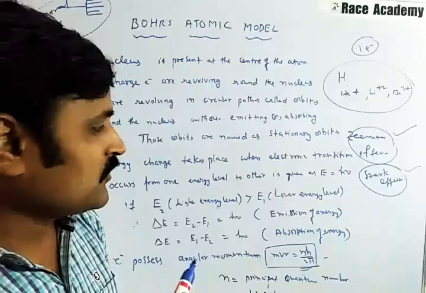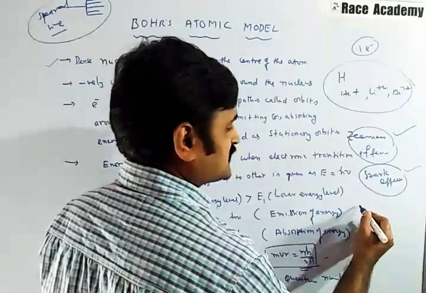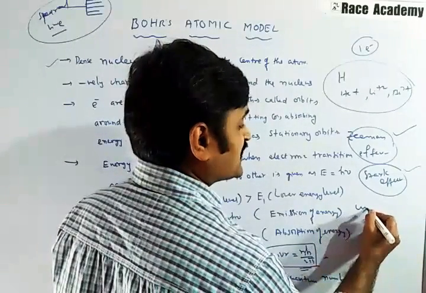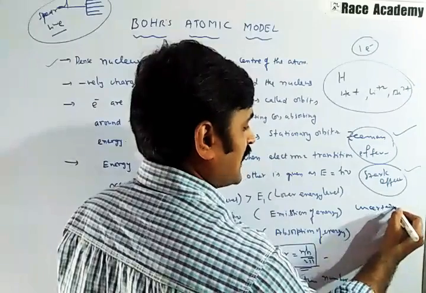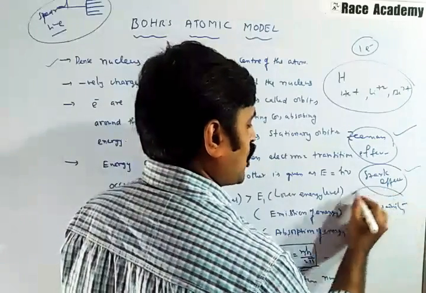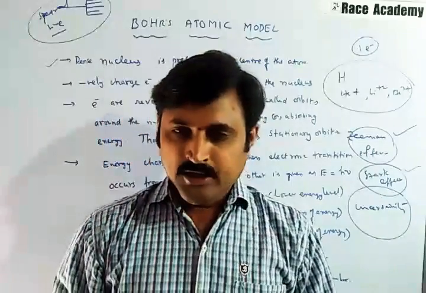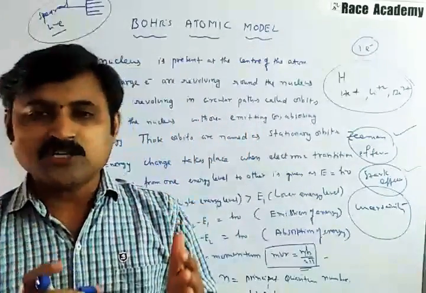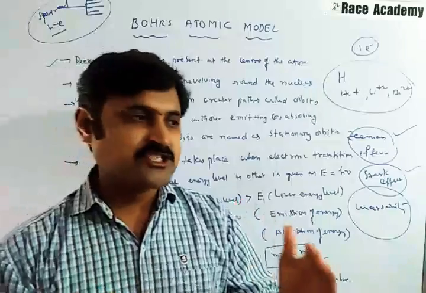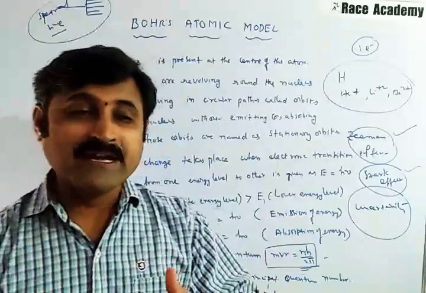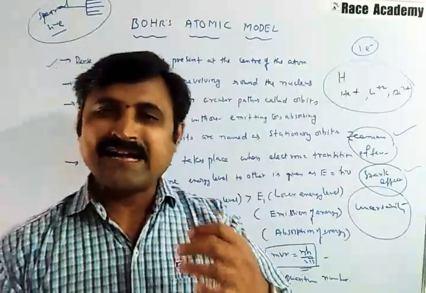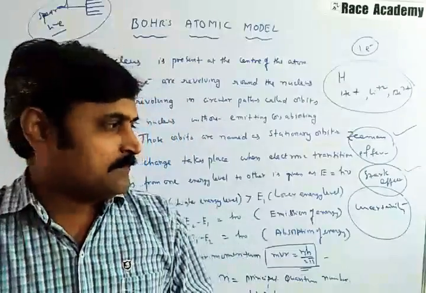Then one more important point to be discussed is the Heisenberg uncertainty principle. What is the uncertainty concept? It is highly impossible to determine the position and velocity or momentum of a microparticle like an electron that is moving with high speed.